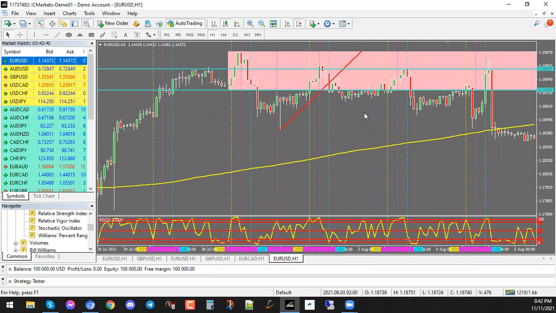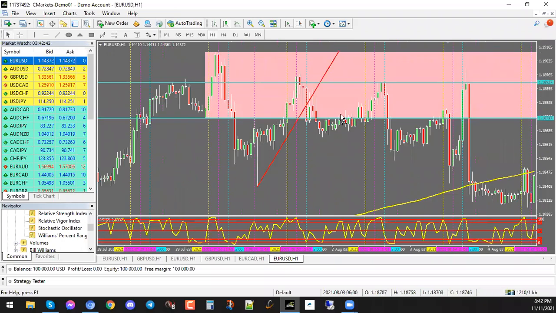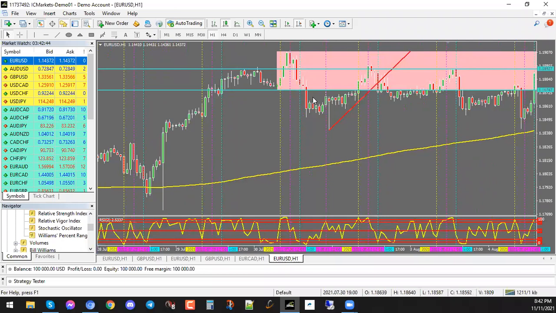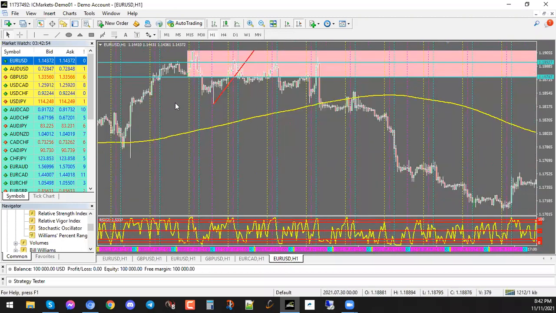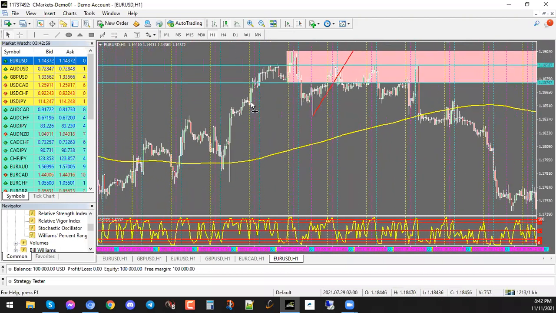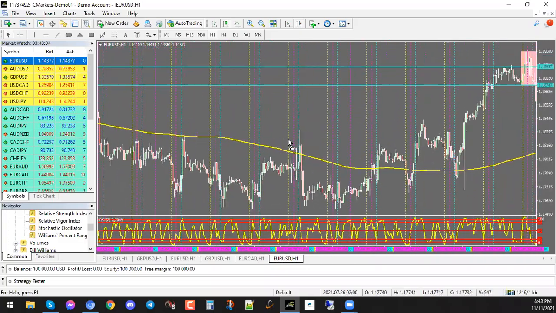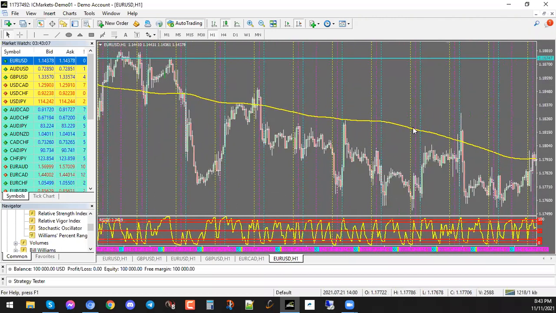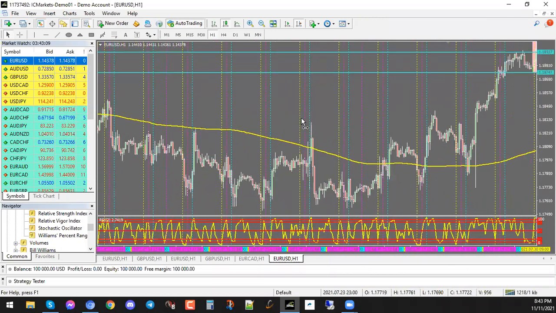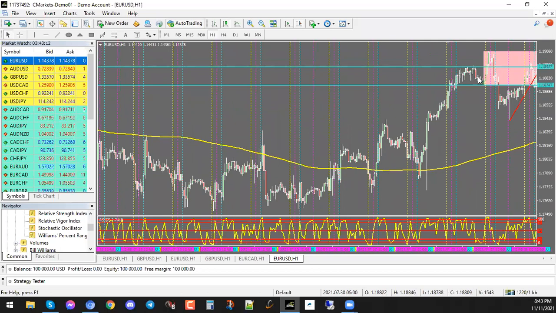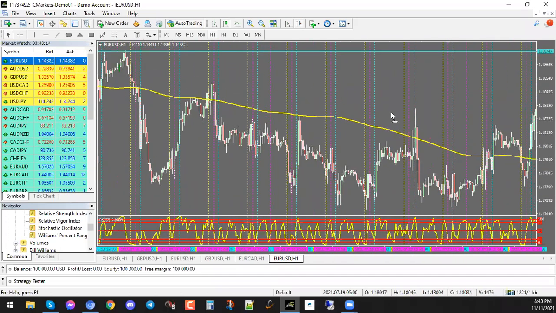Is that clear? Any other questions? Let's see if we can look at another area here. Let's try to make this a bit smaller. Let's look at that area of structure, right? Look at this area of structure here that we spoke of, and look at this.